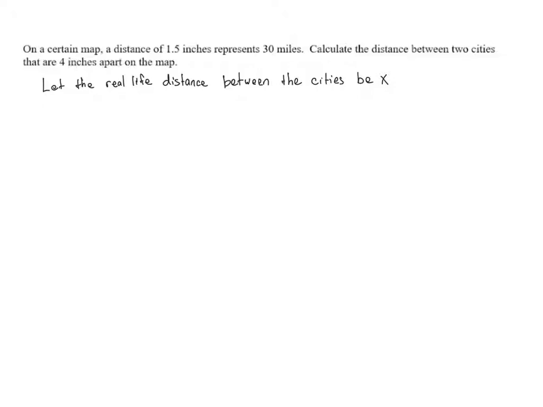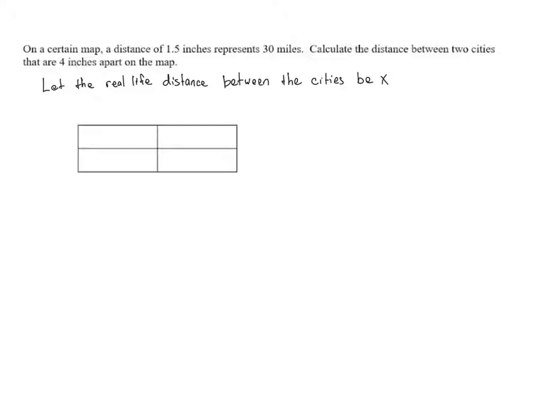And the way that I solve proportions problems is I start out by organizing all of my information in a table. So here's my table. It's a 2x2 table. That's how we solve proportion problems. I'm going to label the columns based on the different types of information in this problem. So if we look through, we see that there's distances in inches and then also distances in miles.